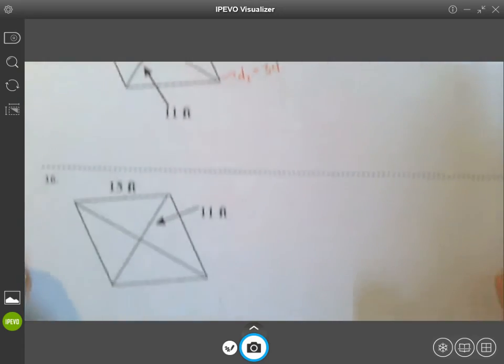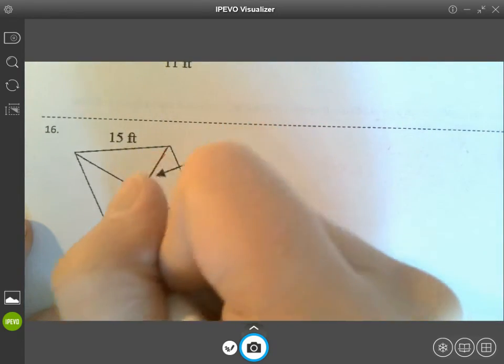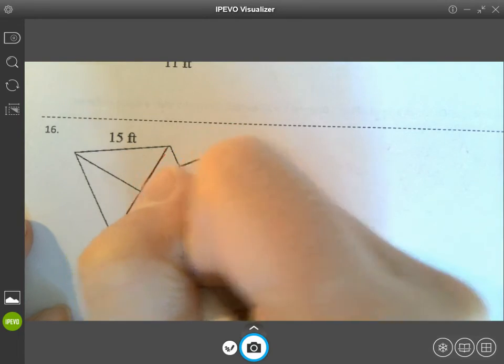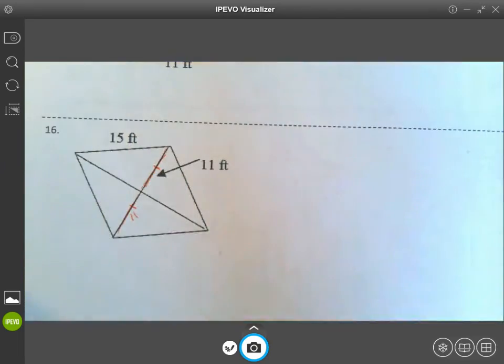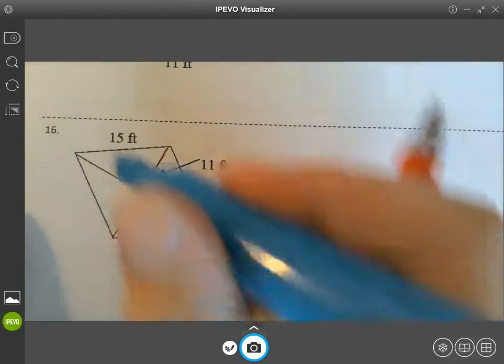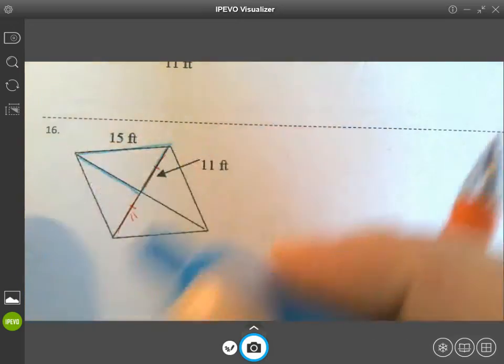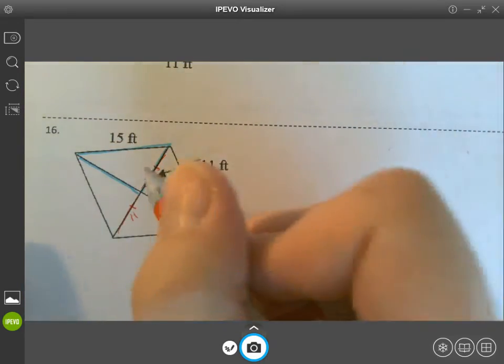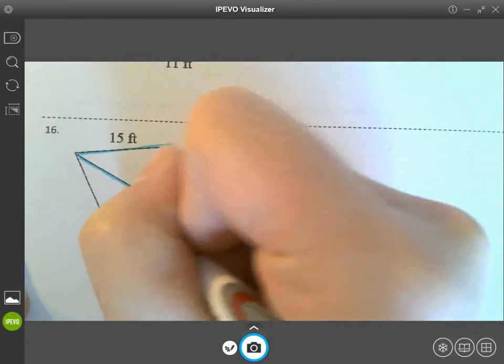Okay, we have one last one, and it's a little bit tougher. The reason this last one is a little tougher is I know that this is 11. I know that this is also 11. Got it? The problem is I don't know this. Now, can you please take a minute and think about this as a triangle? Didn't I tell you when the diagonals intersect, they bisect each other, so that's why these are equal.